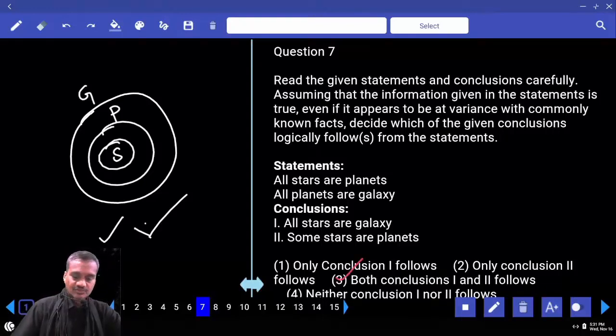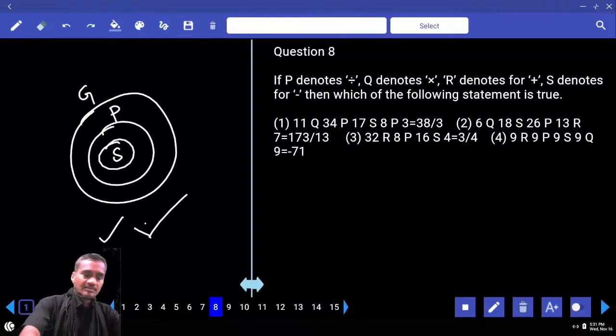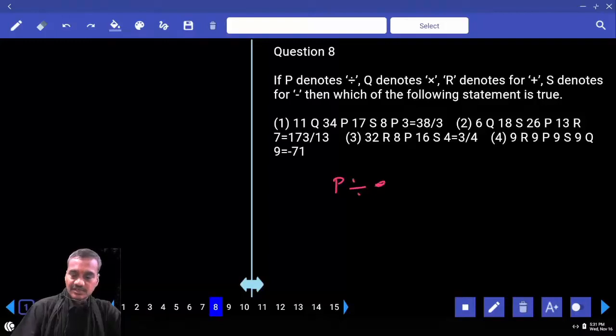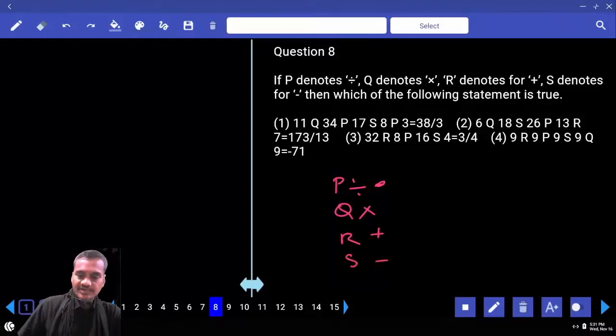The next one, the 8th one. In this question number 8, if P denotes division, Q is into, R stands for plus, and S is for minus, then which of the following statements is true?